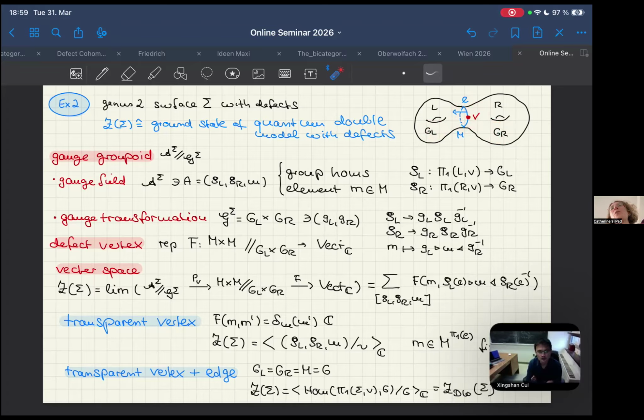And this would correspond to an excitation in the language of the quantum double model, or it would correspond to a puncture in the language of Chern-Simons theory. So what I could do here is I could pick a conjugacy class in the group G and the representation of the stabilizer, and that would be suitable data that labels this defect vertex if the edge is transparent. And I think that answers the question about the punctures.